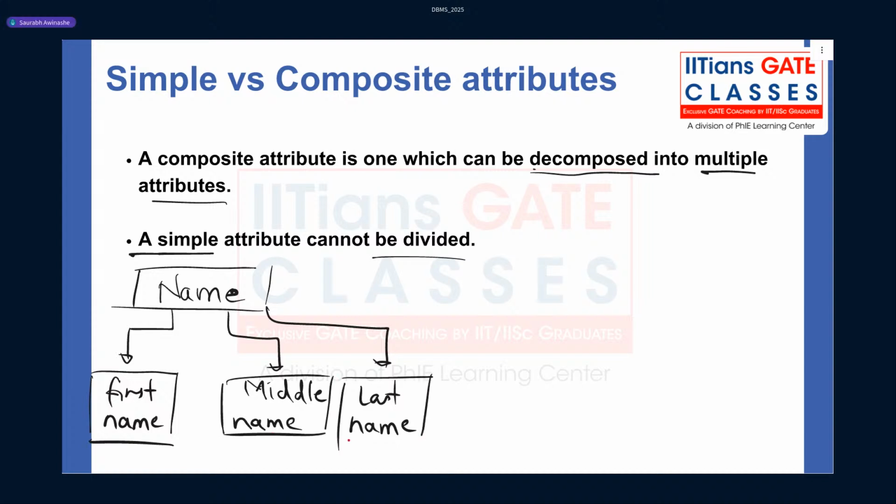What about first name, middle name, and last name? Yeah, they are simple. Exactly. So we have name as a composite attribute, and first name, middle name, and last name. These are simple.